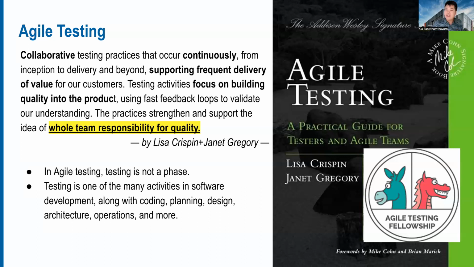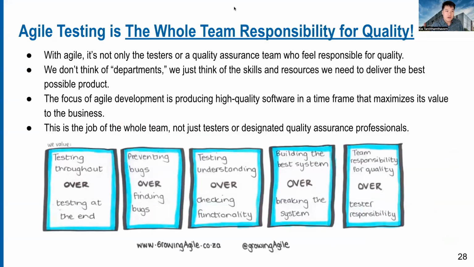It is part of the agile software development process, okay? As I mentioned before, agile testing is the whole team's responsibility for quality, and we will not consider the testing part as a department at all. Okay, like waterfall style, traditional software organization.